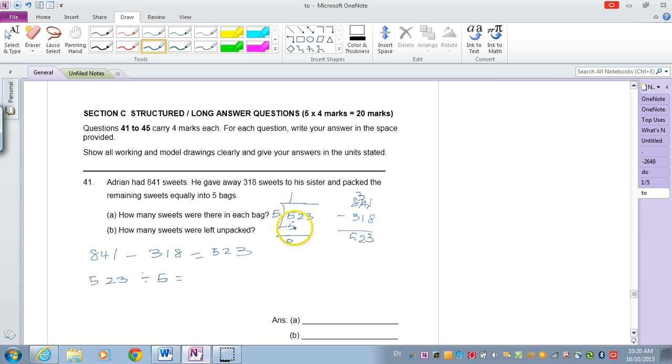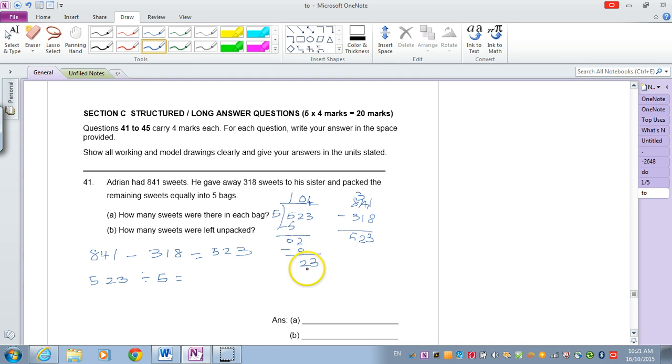Then 5 minus 5, I have 0. So I'll bring down my 2. Can 2 be divided by 5? 1 times 5 is 5, so 2 is not enough. So it will be 0. 0 times 5 would give me 0. So 2 minus 0 is 2. And I'll bring down my digit 3. So 23 divided by 5 will give me 4. Why? Because 4 times 5 is 20, 5 times 5 is 25. So 23 is less than 25.